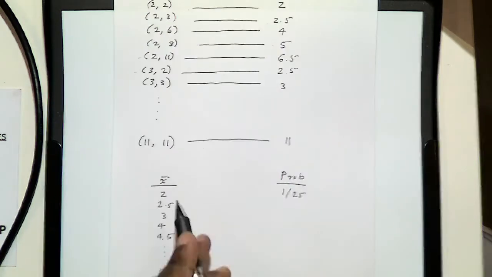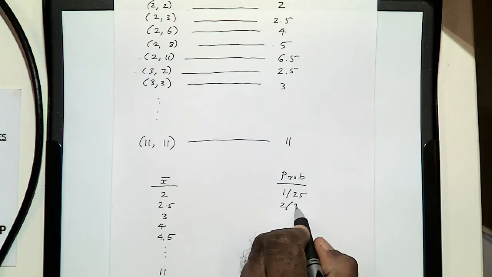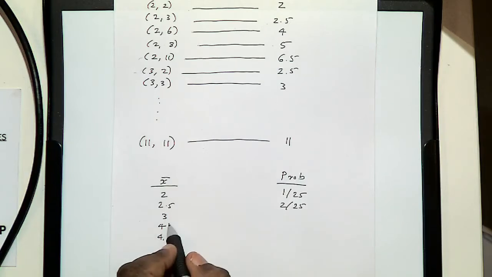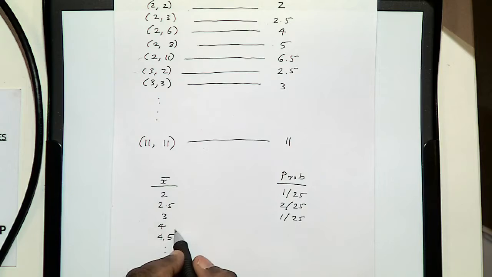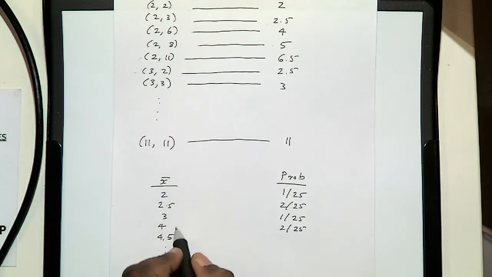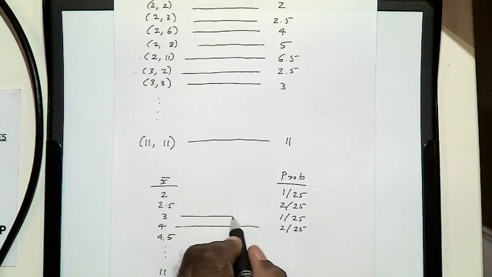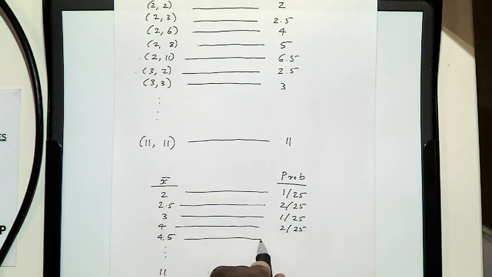Similarly, for 2.5 there would be 2 outcomes. For 3 there will be 1 outcome. For 4 there will be 2 outcomes. And for 4.5 there will be 2 outcomes.